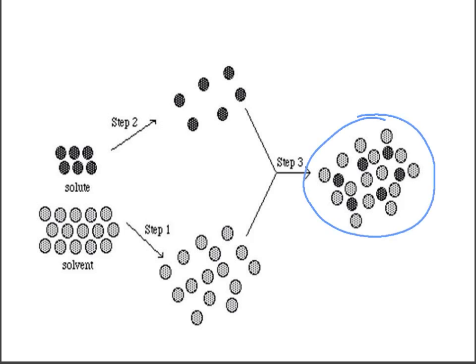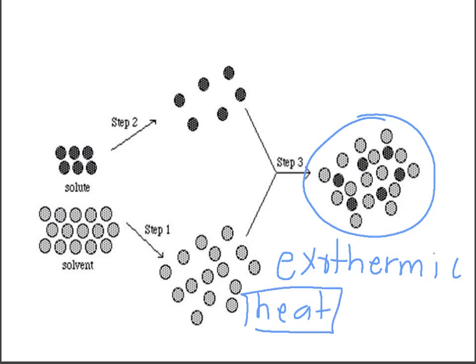When the solute-solvent attractive forces are formed, this results in what we call an exothermic type of reaction, wherein we are actually releasing heat. Again, heat in this type of reaction is released.